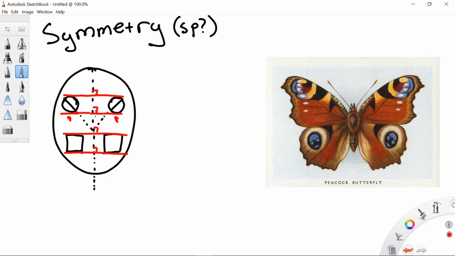So especially in cases of symmetry, you have to keep in mind that it's not just about what is on one side and what is on the other. It's also about the height width relationship. If we had, for example, this sideways turned oval, and the line of symmetry was here, and we had a circle here.